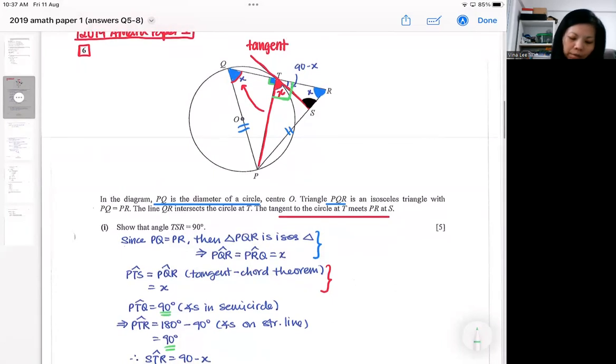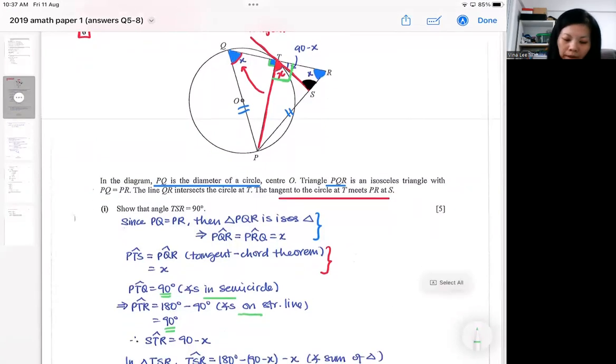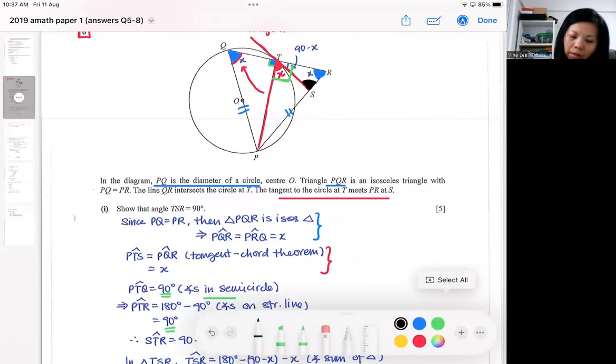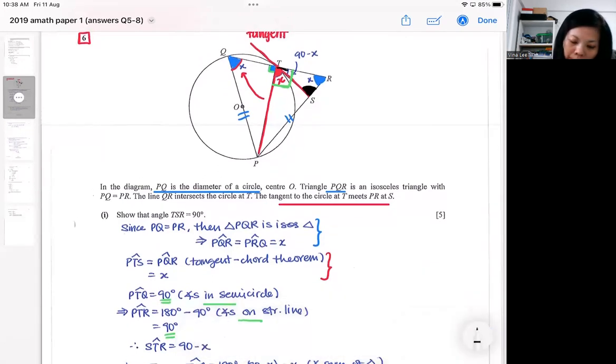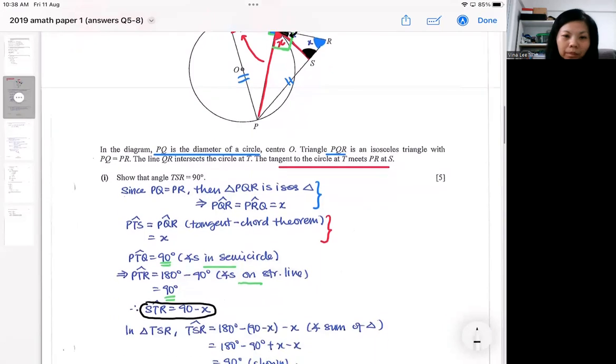The first 90 comes from angle in a semicircle. The other 90 comes from angle on a straight line. Because of the 90, this part will be 90 minus x. So you need to explain where your 90 comes from. Then you can do the 90 minus x.